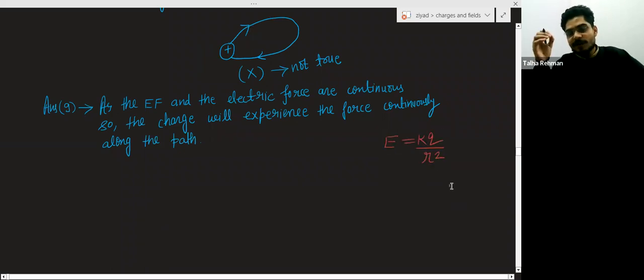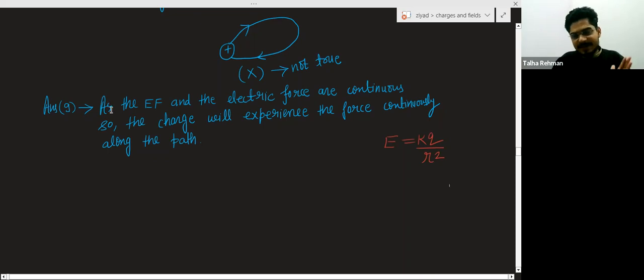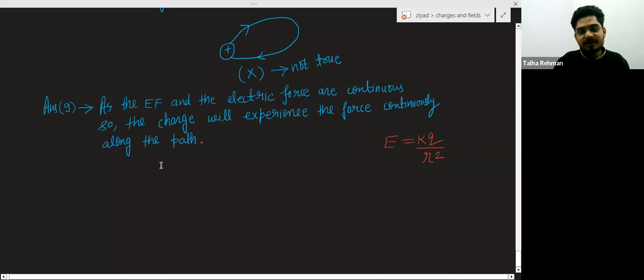If you have a little knowledge of math, you can apply it here. The electric field function with respect to distance is a continuous function, and a continuous function does not have sudden breaks. The answer is also written in a different form: as the electric field and the electric force are continuous, the charge will experience the force continuously along the path. So this is also correct.